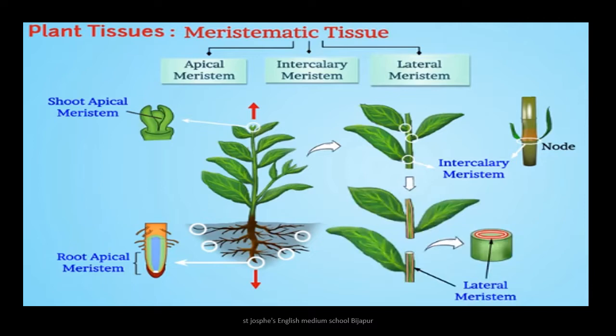Now, over a period of days, as the plant grows taller, it requires a strong stem. To support an increase in the width, this is brought about by an increase in the thickness of the stem by the lateral meristem.